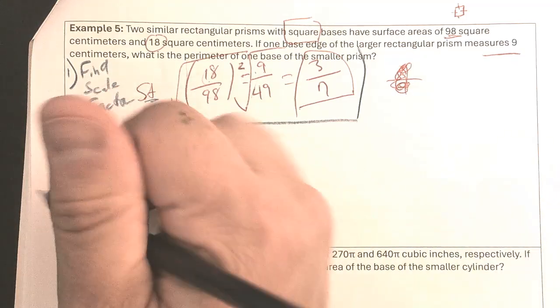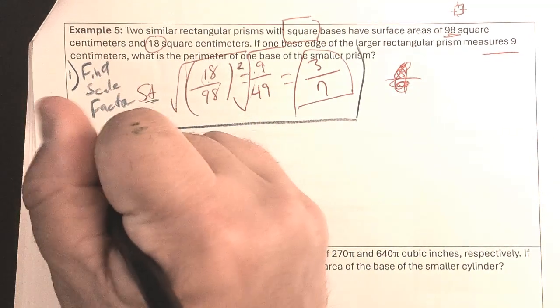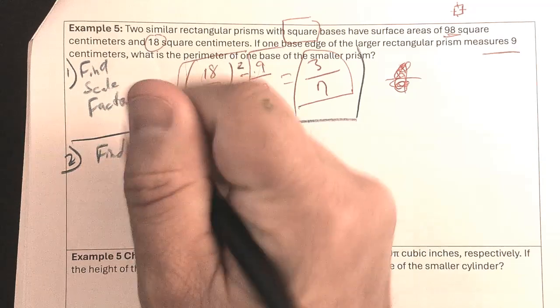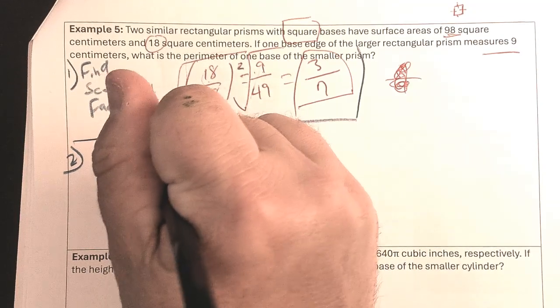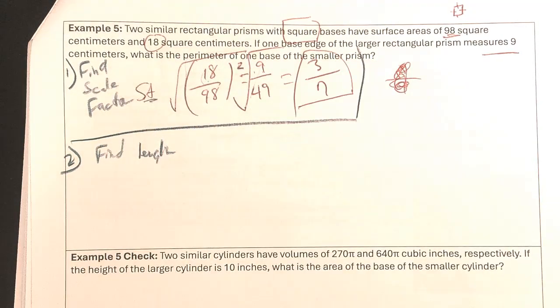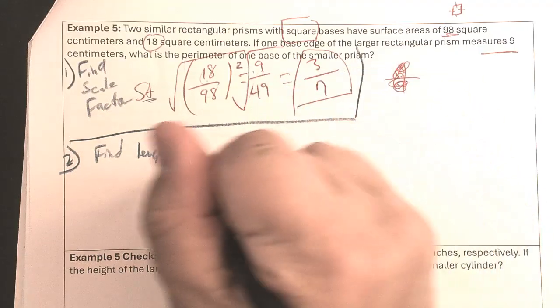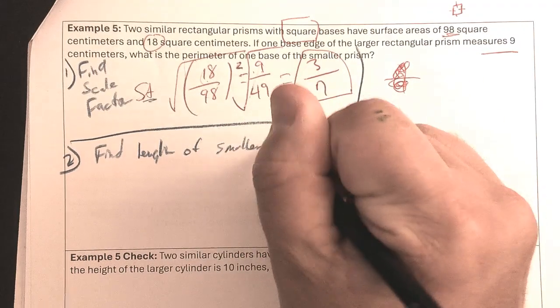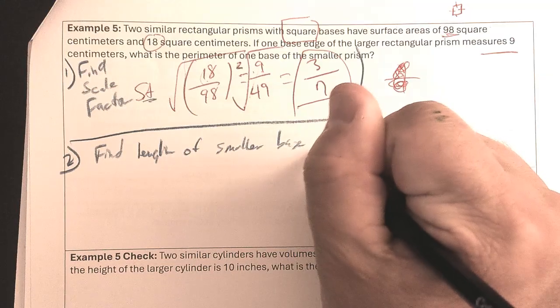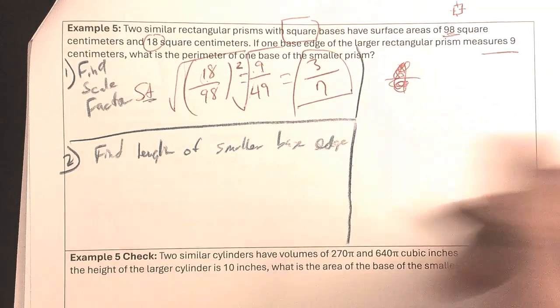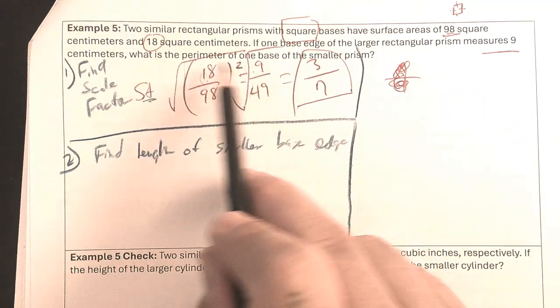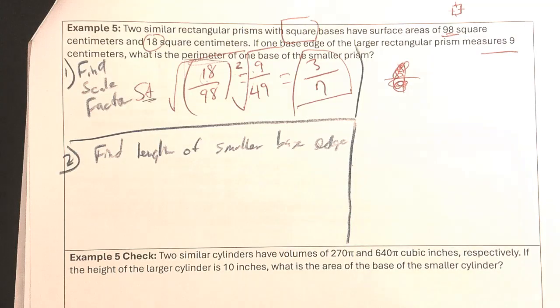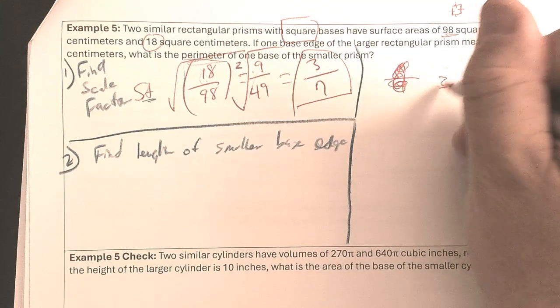All right, step 2, we're going to find the length of the smaller base edge. And then it wants the perimeter. So 3 is find perimeter.